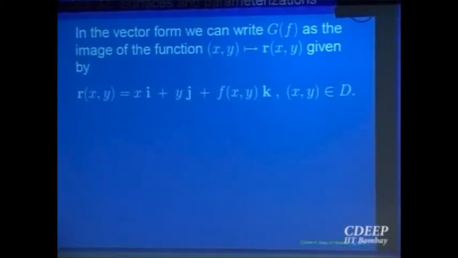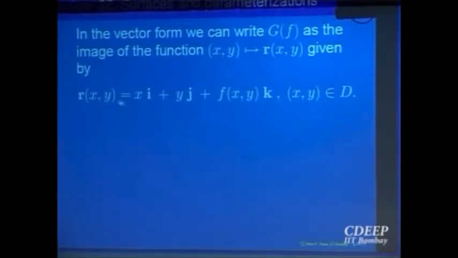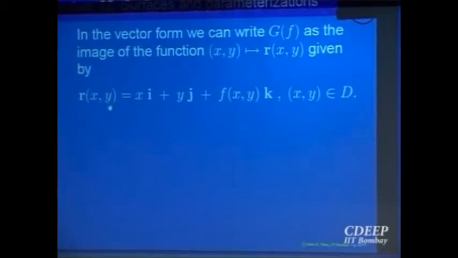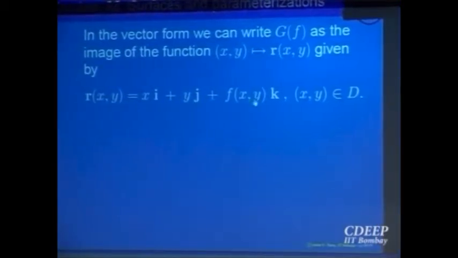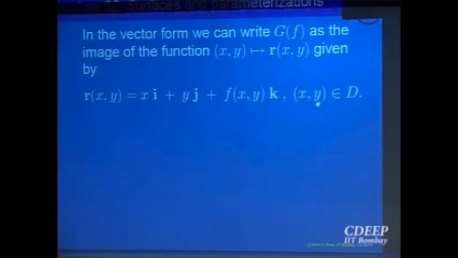What is the y component? y. What is the z component? z is equal to f(x, y). So we can write the vector r(x, y), which depends on x and y, as x i plus y j plus f(x, y) k, where x and y vary inside the domain of the function. So this is the vector form or vector representation of the function.